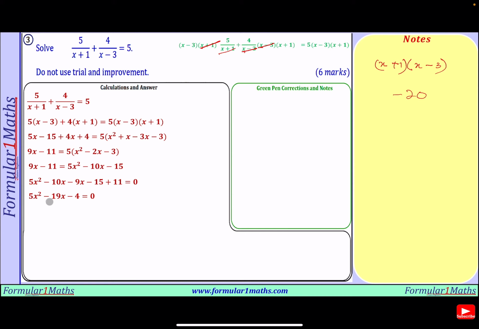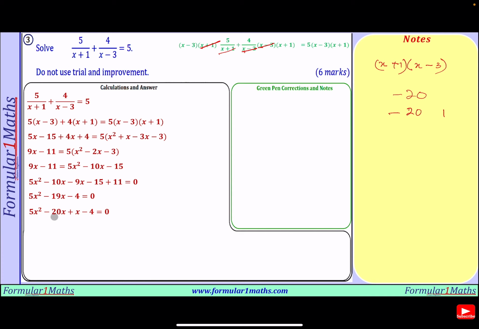And it's going to be minus 20 and 1. So we now replace minus 19x by minus 20x and then plus 1x, which will give 5x squared minus 20x plus 1x, minus 4 equals 0.